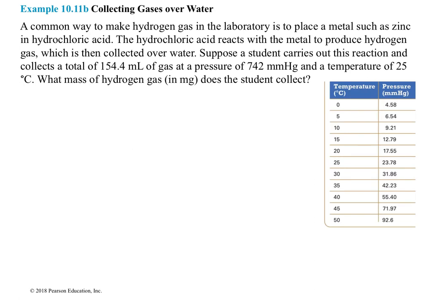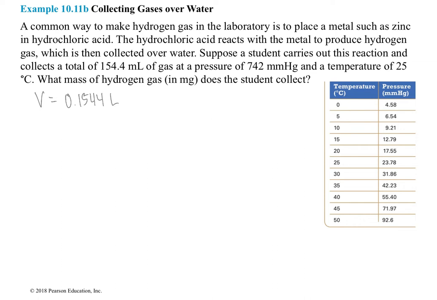Okay, another example is we have hydrogen gas by reacting zinc and hydrochloric acid. The HCl produces H2 gas, which is collected over water. Suppose a student carries out this reaction and collects a total of 154 milliliters, so volume. So I'm just going to convert that to liters by dividing by 1,000.